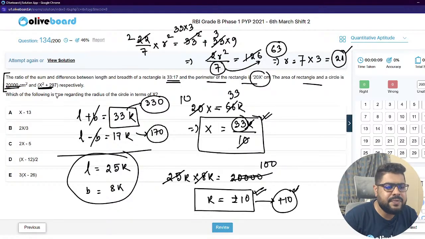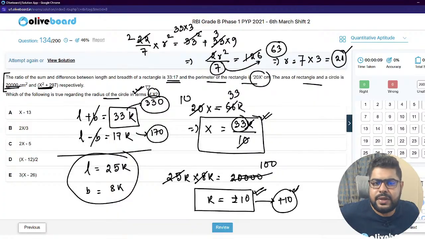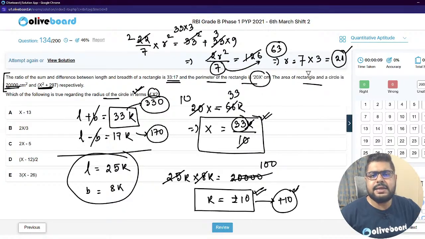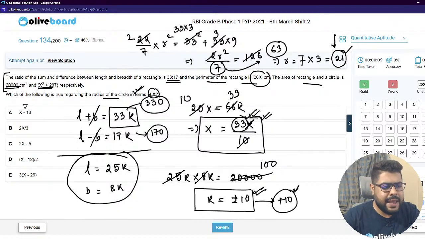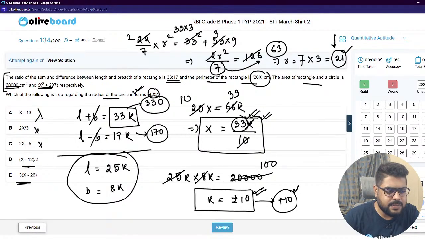Now they are asking the radius of the circle in terms of x, what is true, sir? Okay, r is 21, the radius, and x is 33, which we have just figured out. Sir, which one is true? x minus 13, no, sir. This will be 20. 2x, this will not be a multiple at all, sir. Either this one or this one.